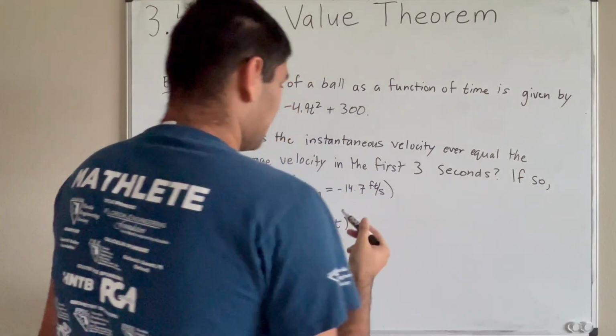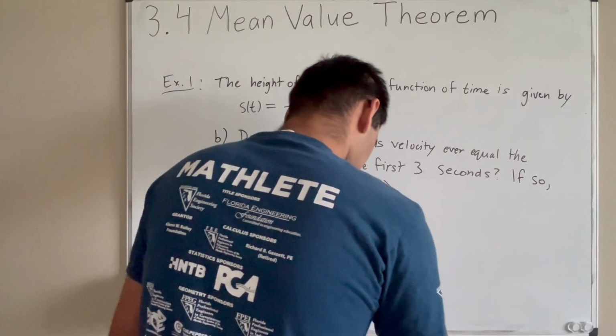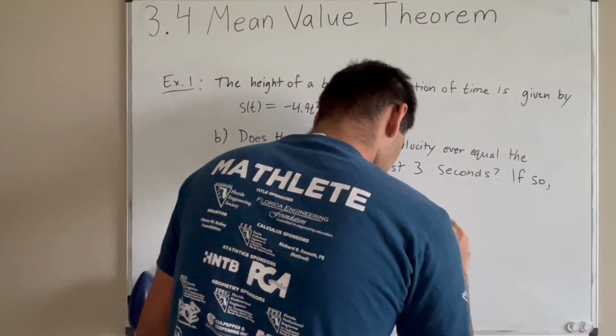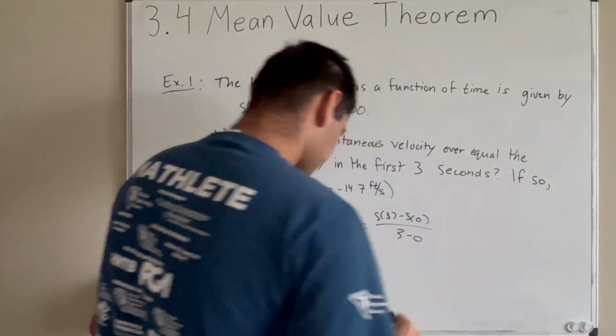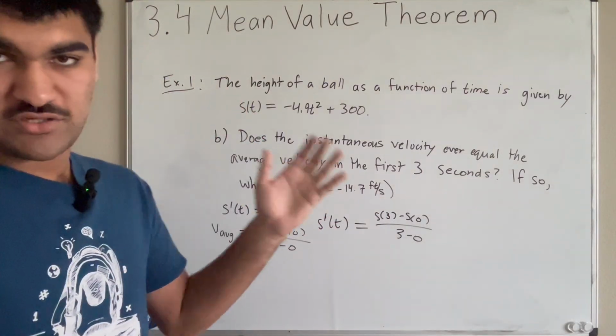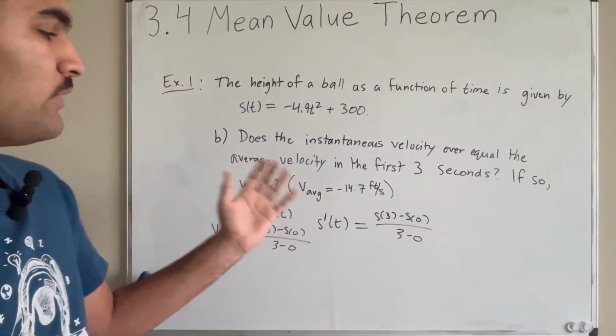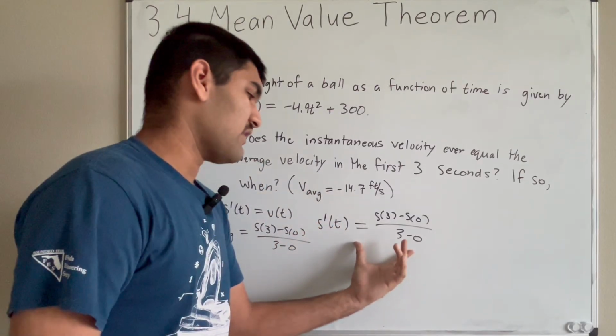So it's asking us if s prime of t is ever equal to s of 3 minus s of 0 all over 3 minus 0. Does there exist some t in the interval from 0 to 3 that satisfies this equation? Well, this is exactly what the mean value theorem says.